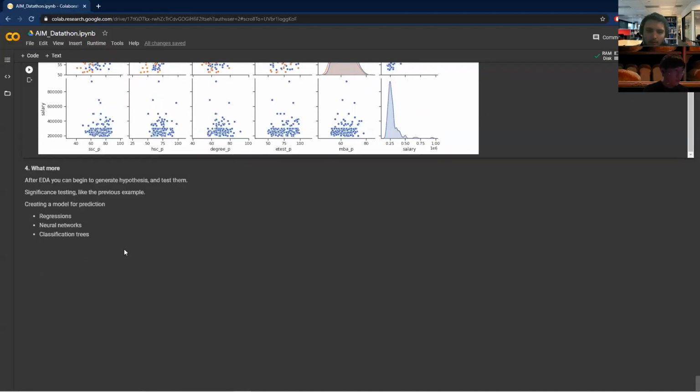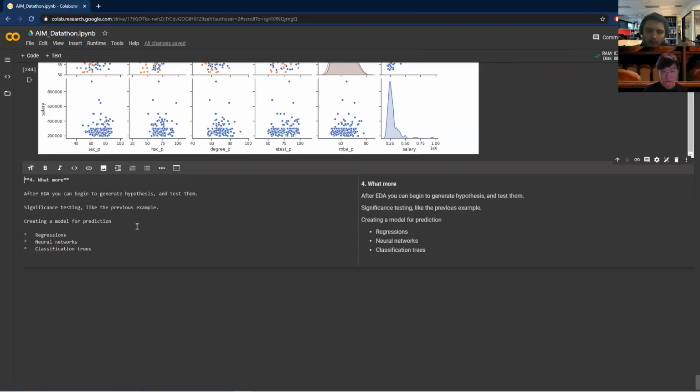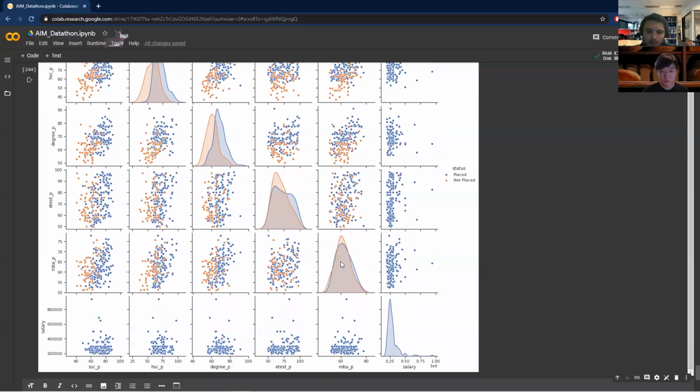But for people who might be wondering what you can do after all this: say that you did find something interesting like this, and now you want to explore it even further and figure out what's going on. I talked about this before, and it depends on what you really want to do.